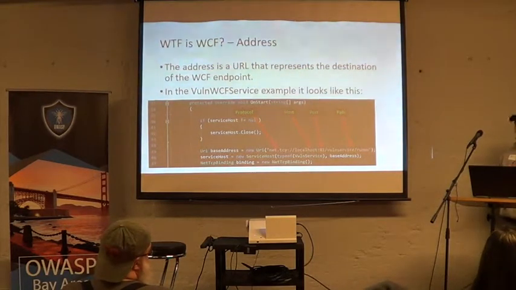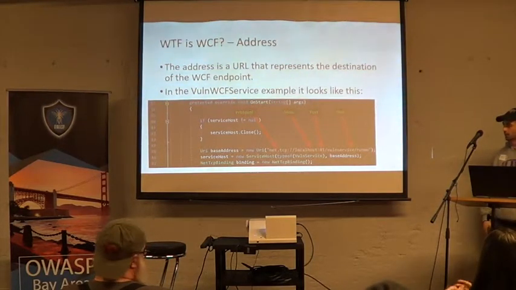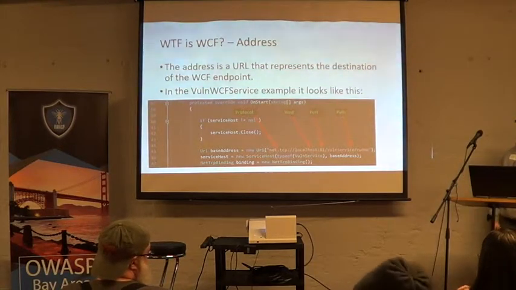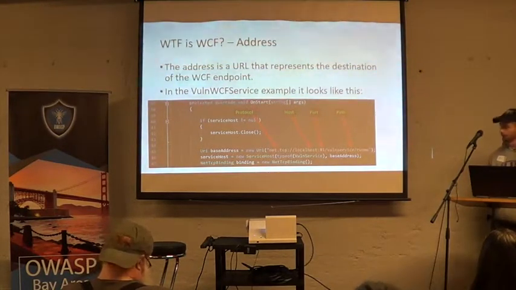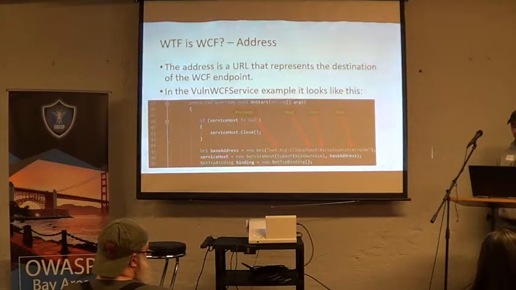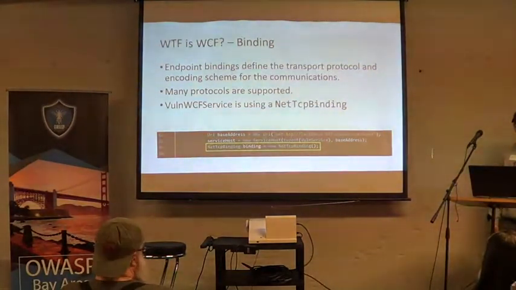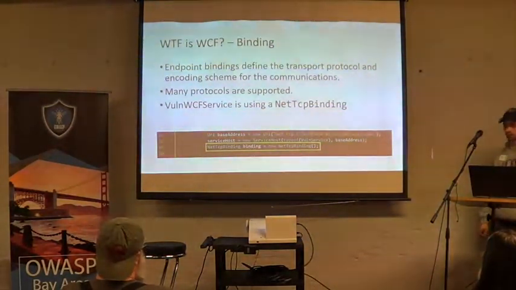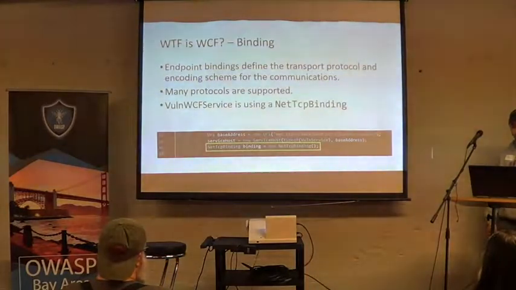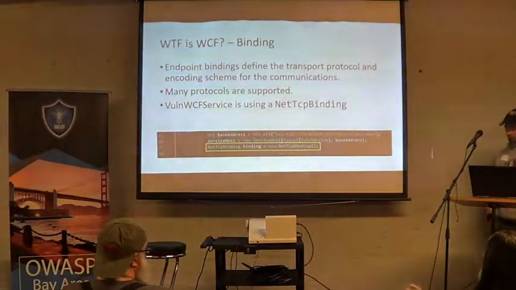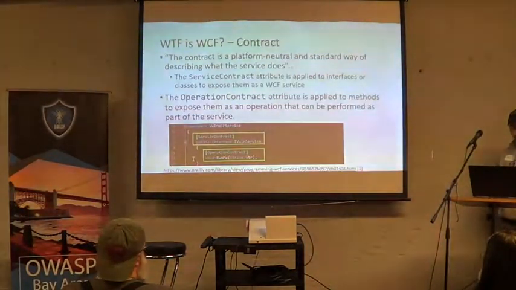So it's just like a raw TCP socket, but that again could be HTTP or net.pipe or a bunch of other things. And then after that, you have your host, port, and the path. So once again, bindings define the transport protocol, and the example is using net.tcp binding.